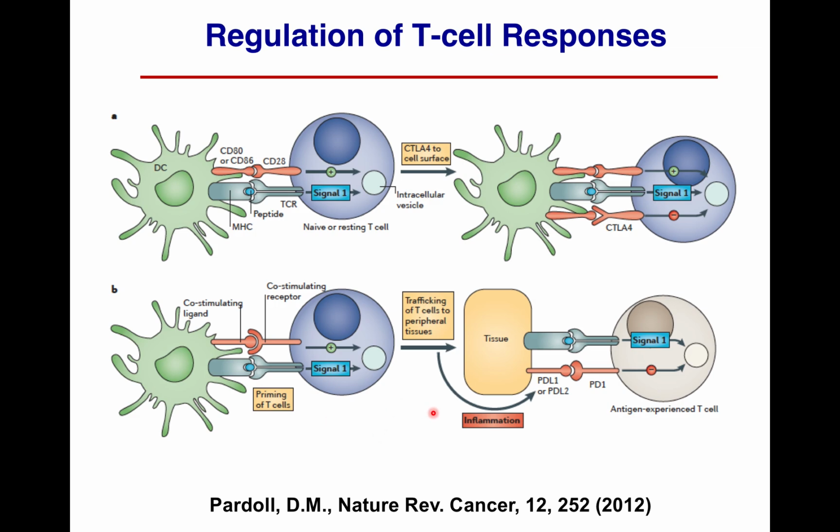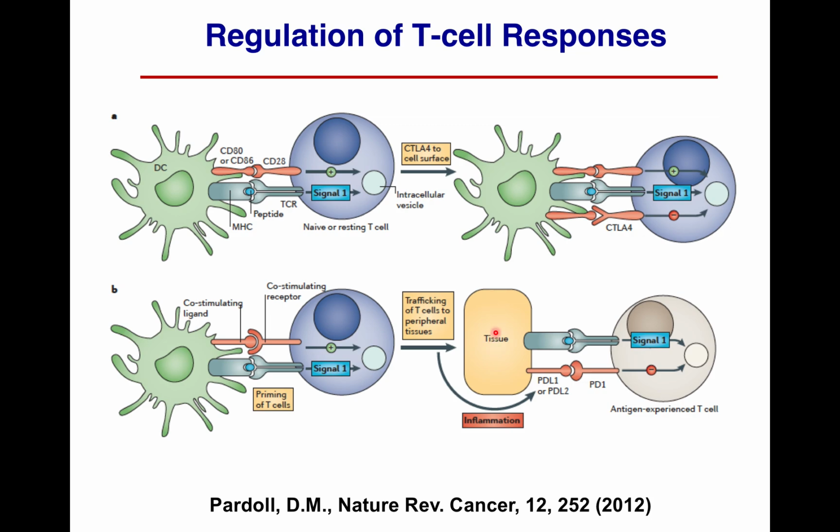Another way is the tissues. So we have here the priming, get an activation, and tissues. Tissues can produce a molecule that will also be a negative stimulatory activity.